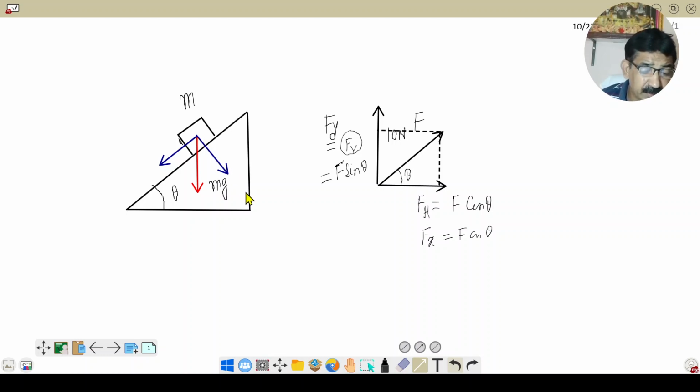Now, from simple geometry, perhaps you are all acquainted with the simple principles of geometry, otherwise physics study is not possible. Actually, this angle is theta.